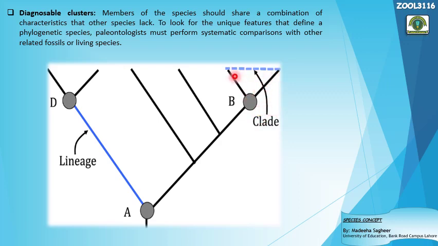Cladistic relationship shows the most recent ancestor of the organisms, right? So this is the clade and this is the lineage. Lineage shows the series of ancestors and descendants during the course of evolution, but clade shows the most recent ancestor and all the descendants of that recent ancestor. Here B is the recent ancestor of these two groups, these two species.